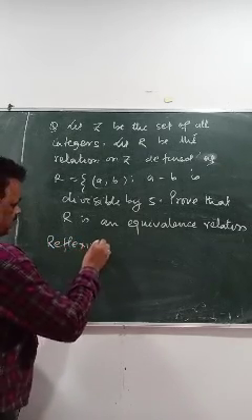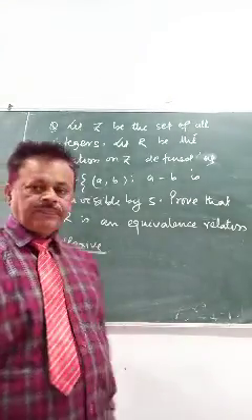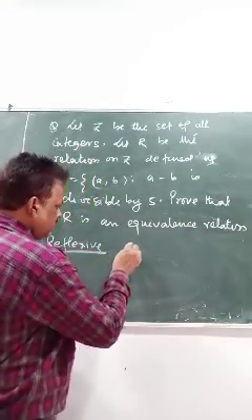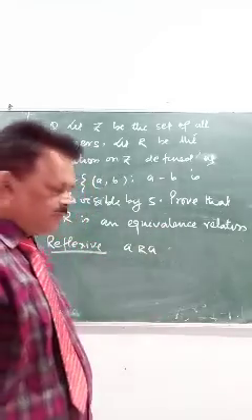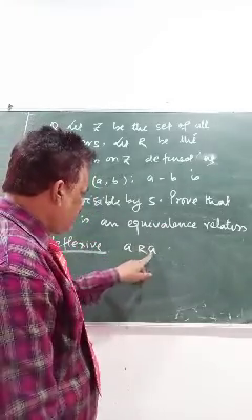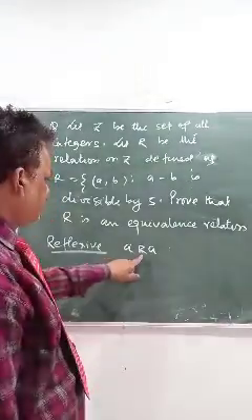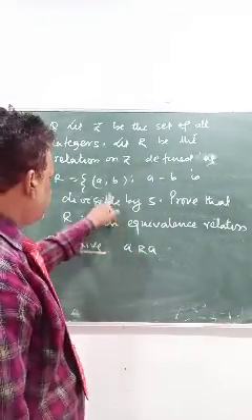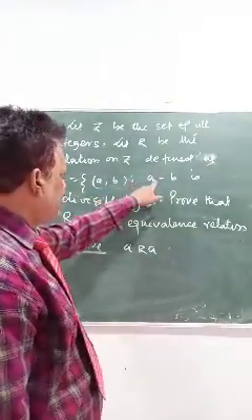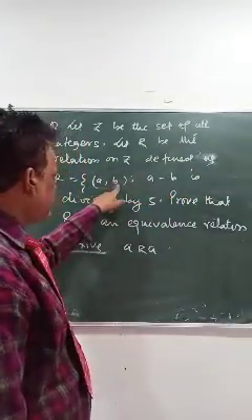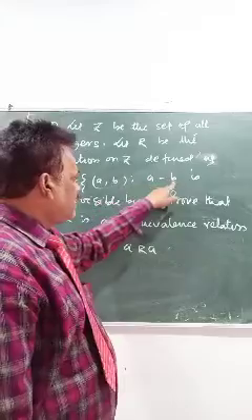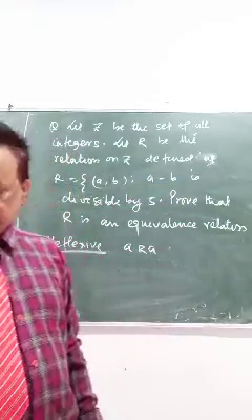What is the definition of reflexive? The relation between the same element. So same element means, what is the definition given? That is A minus B is divisible by 5. Ordered pair is A, B. Then A minus B is divisible by 5.